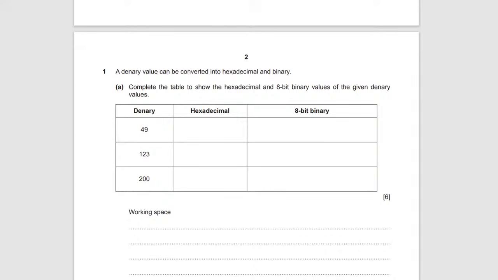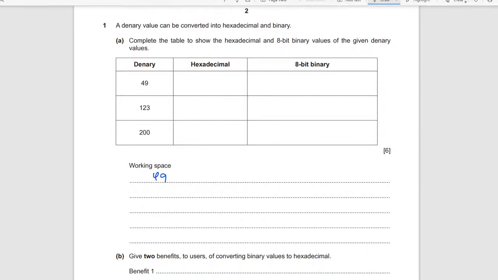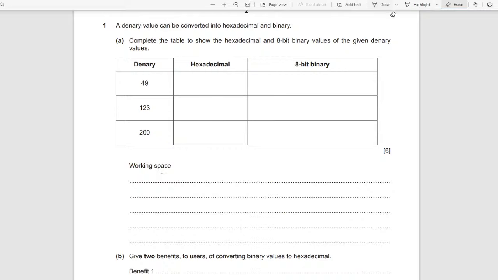Let's start off by converting the denary value to the hexadecimal value. To convert, for example, 49 into hexadecimal, what you're supposed to do is multiply, basically it's 16. Usually it's always 2, so you're supposed to do 9 times 1 plus 4 times, wait, one second.